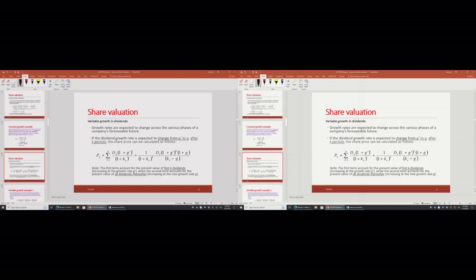And the third one is more complicated if you look at the formulas. This is the variable growth in dividends, and this is quite practical and intuitive. Think about companies: they have different stages, an early high growth stage, and also a mature stage that is quite stable.